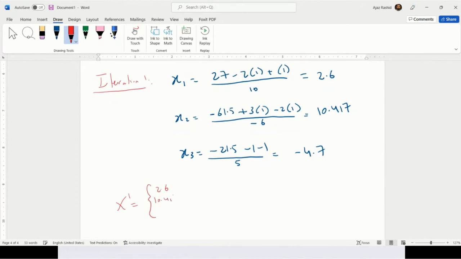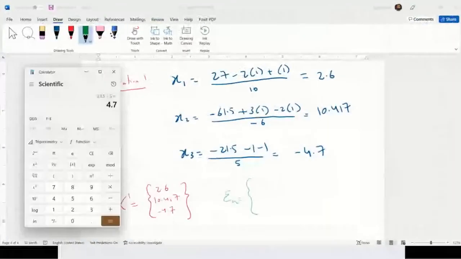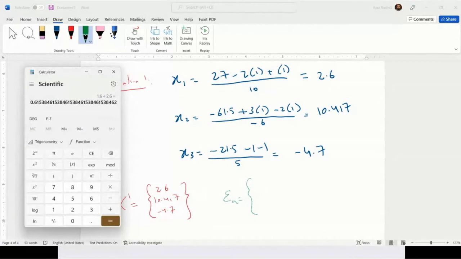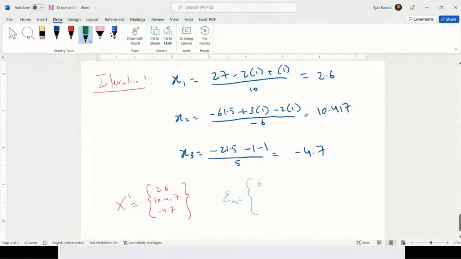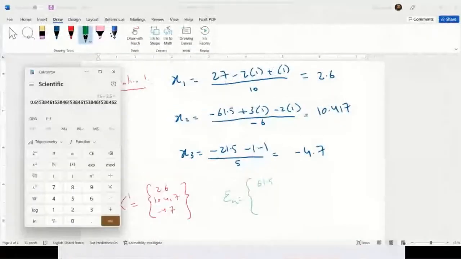2.6, 10.417, minus 4.7. The errors, of course, comparing them to the previous values, which are 1. So 2.6 minus 1 divided by 2.6, that's 61.5% error. 10.417 minus 1 is 9.417 divided by 10.417, that's 90.4% error.